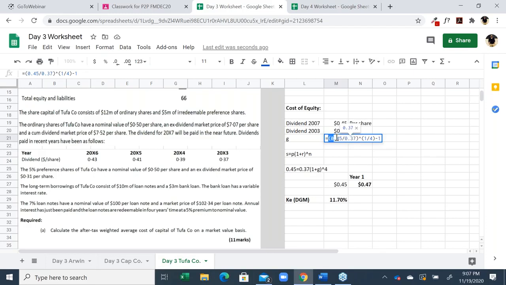The latest dividend by the earliest dividend, that's S divided by the P. And then take the power 1 upon n, that is the number of years between these 2 years. And subtract 1 from it, and at the end multiply it by 100 to get the percentage. This will tell you at what rate the dividend has grown from one figure to another after n number of years. 5.02.